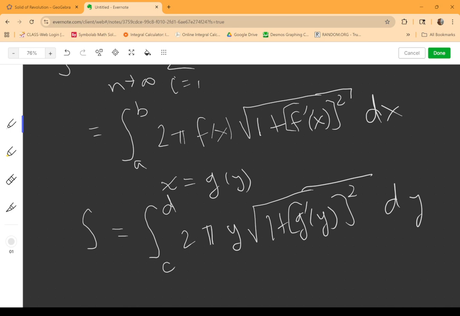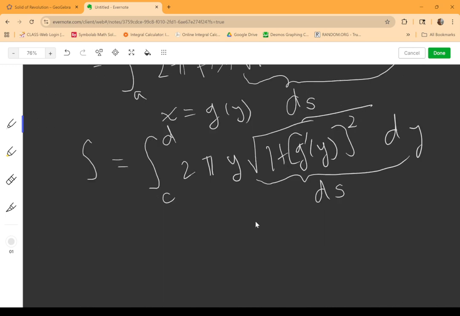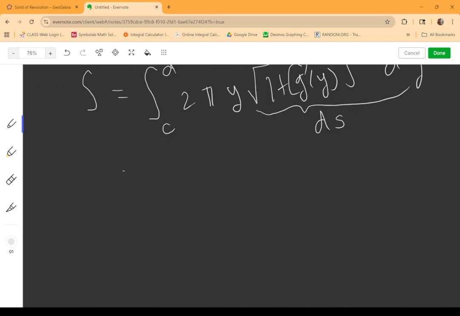Right? Now for shorthand, this quantity here is the arc length, usually in text denoted by ds, lowercase s. Right? So in general, our formula for surface area along the x-axis is 2 pi y ds.